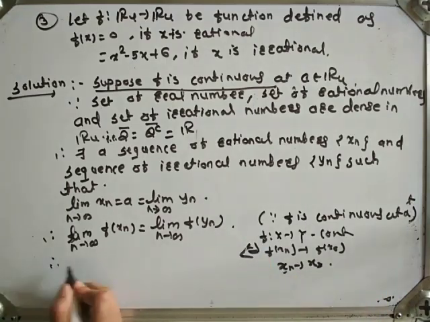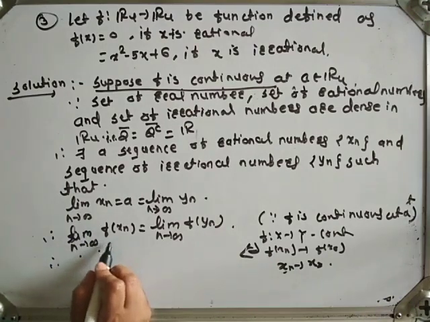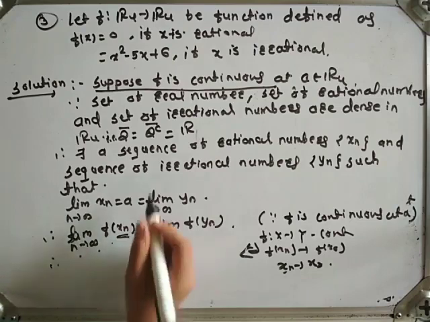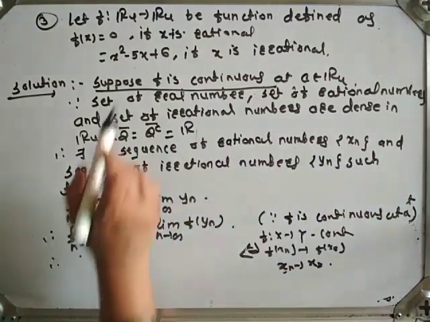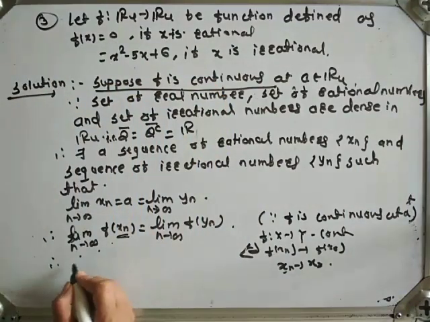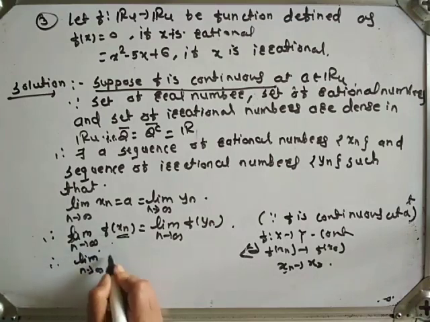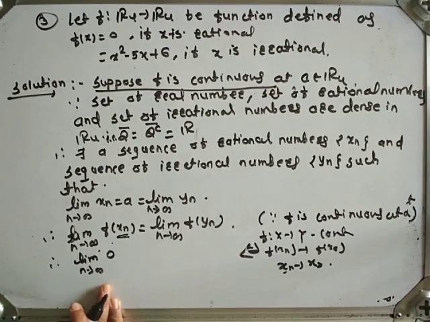So what is limit of f of xn? xn is a sequence of rational numbers. When x is rational, f of x is equal to 0. So here limit as n tends to infinity of f of xn is equal to 0.